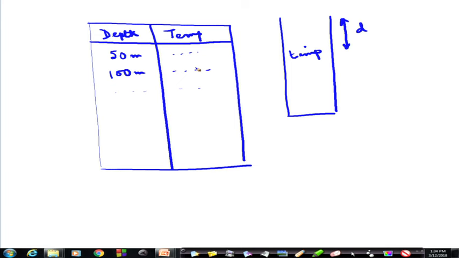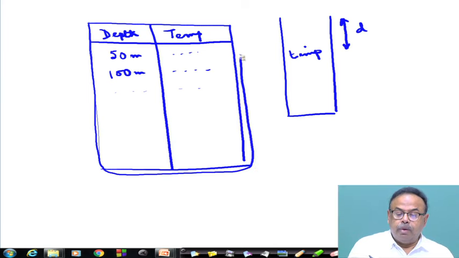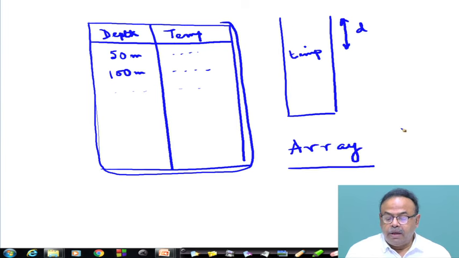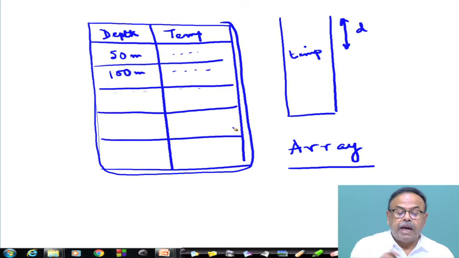We know that we can immediately say okay, we will be representing it as an array. Whether I will be using one array, one 2-dimensional array or 2 different arrays will depend on the format of the data, the type of the data.